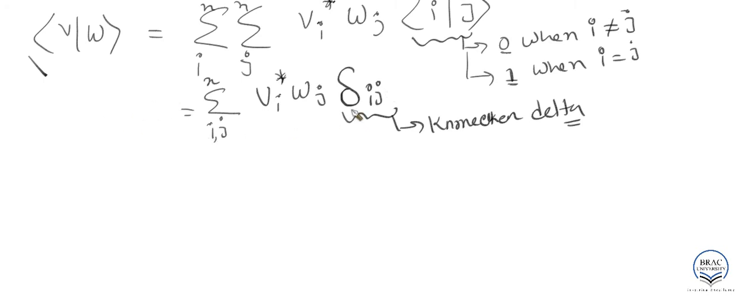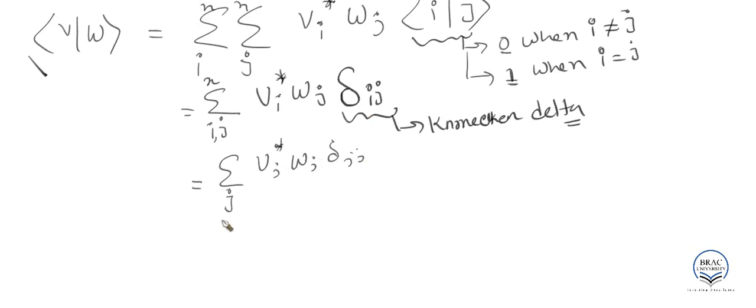So whenever i is equal to j, this is just 1. So what happens is that this Kronecker delta will now eat up one of the indices from here. You can either kill i or kill j, that's up to you. Because of this, we set i equal to j so that we get a non-zero contribution. So let's write vj star wj, and this is just delta jj, right?